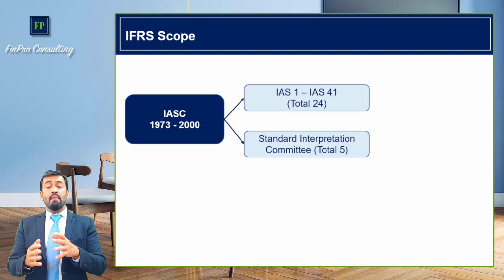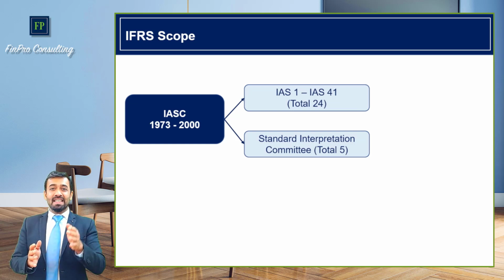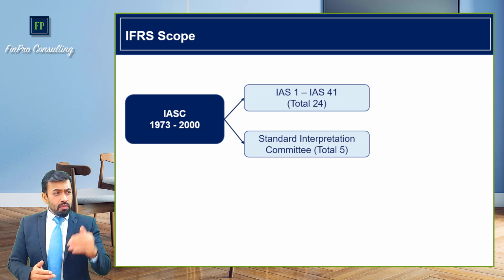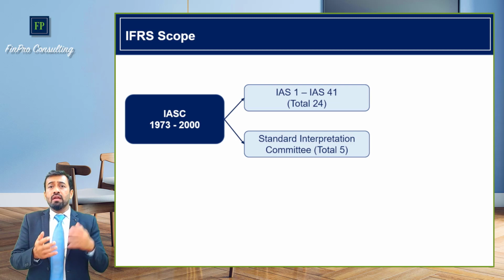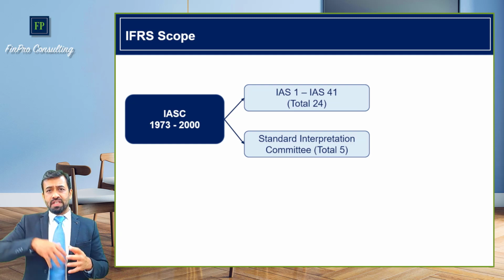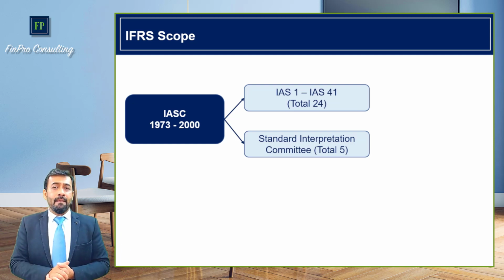That was given by way of an interpretation, called a SIC, Standard Interpretation Committee. From 1973 to 2000, they created such 24 standards which are currently effective and 5 SICs. A few SICs were subsequently incorporated as part of standards, a few were deleted, etc.